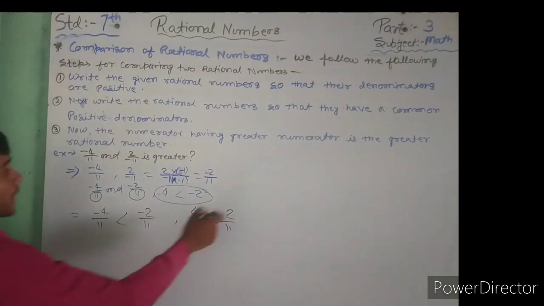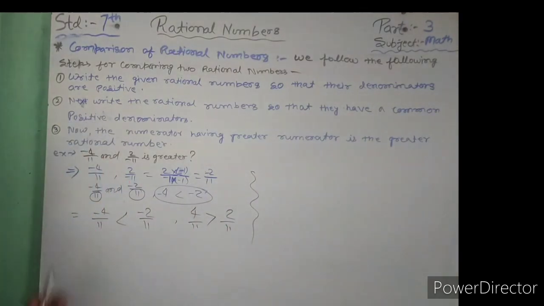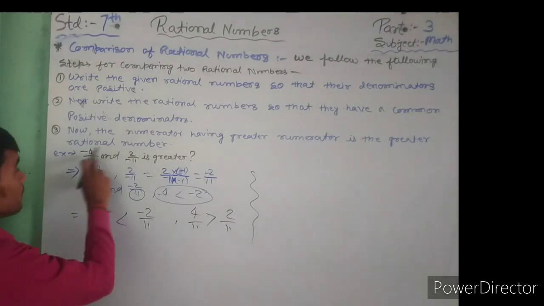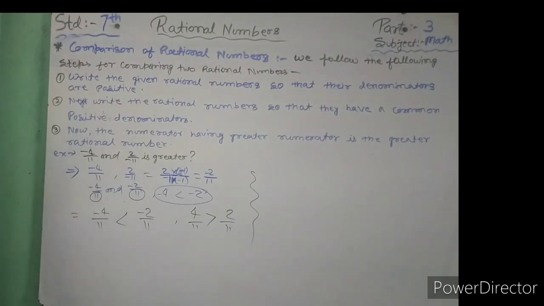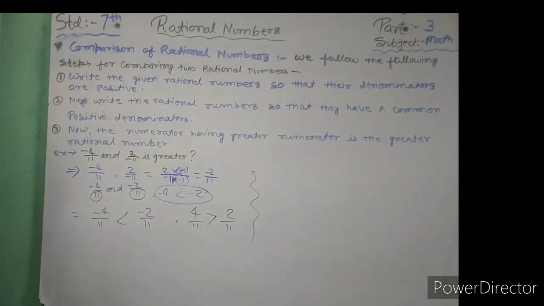My dear students, you can also write the question in another way. If the denominators are not the same, if the denominators are different, how do we solve it? Here I also write one example.